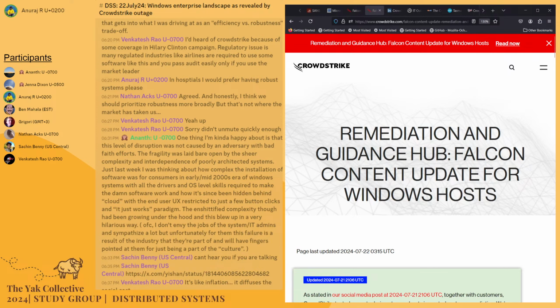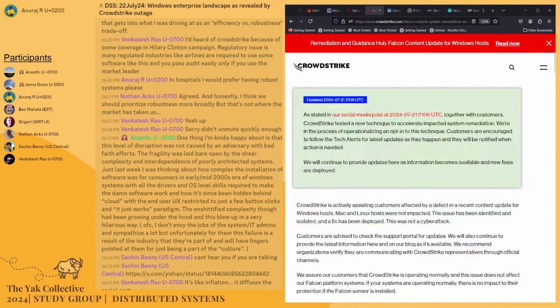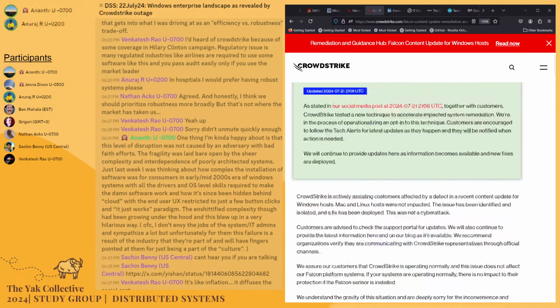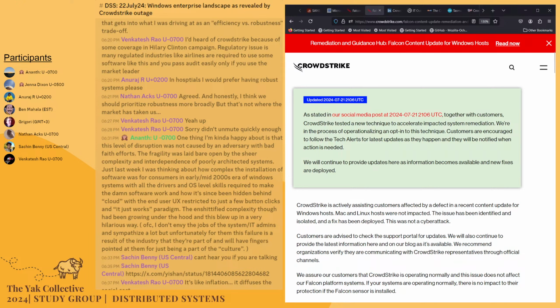I don't know the internal technical details of how this CrowdStrike thing works, but I was basically surfing through the effects of it, and I was really surprised by the number of industries where Windows is used and the large market share it has.